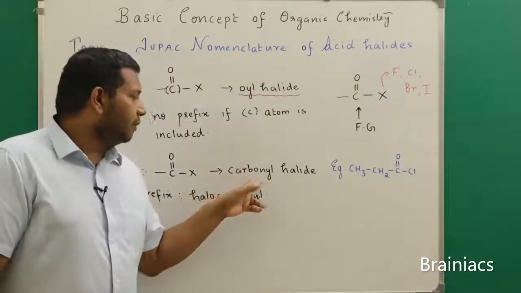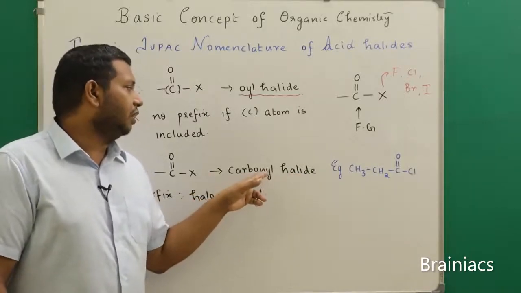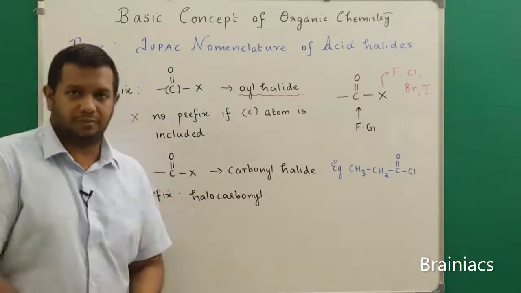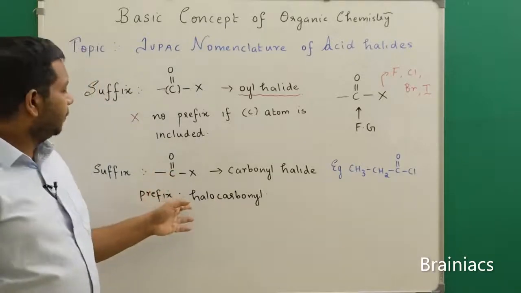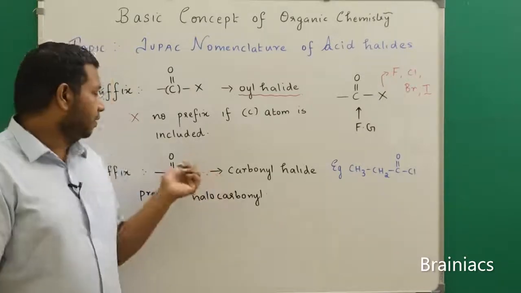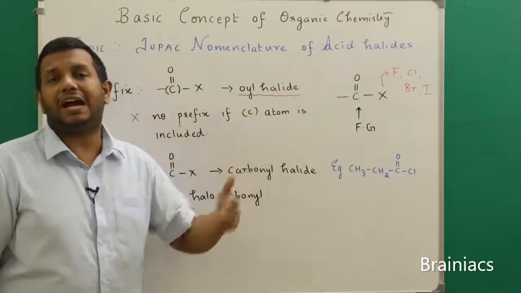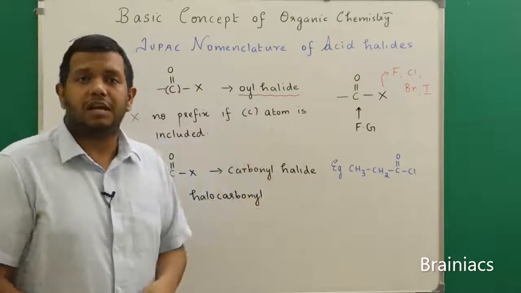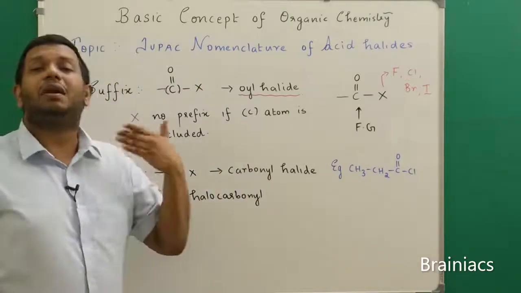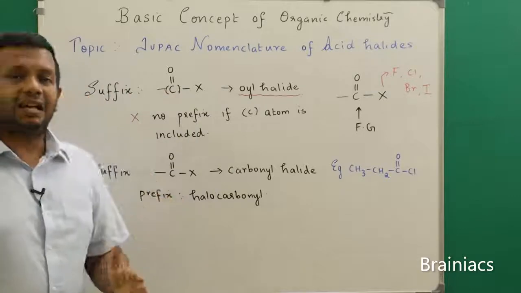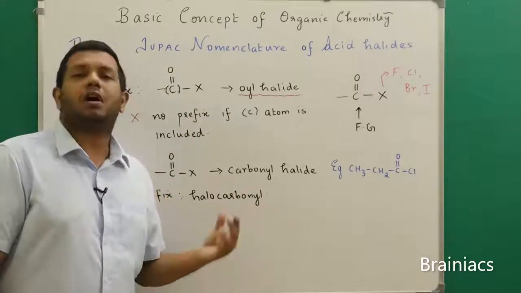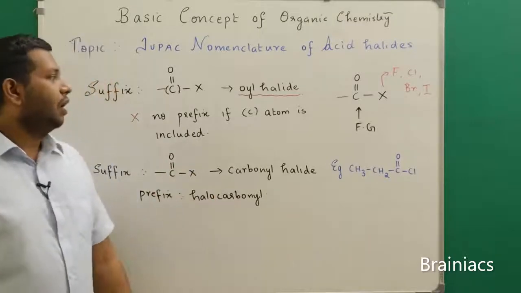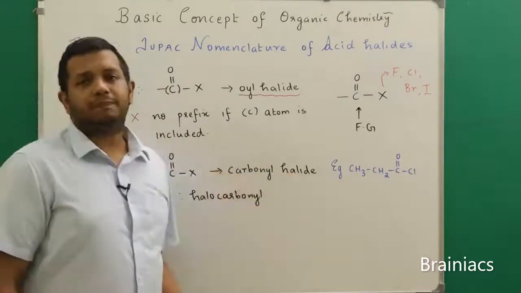So the 2 degree suffix we use is carbonyl halide. Whenever carbonyl halide is there along with a carboxylic acid, we know that carboxylic acid has the highest priority, so the carbonyl halide behaves like a substituent. In that case we use the prefix halocarbonyl.